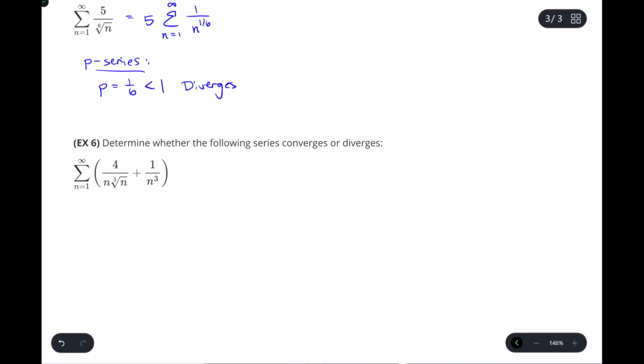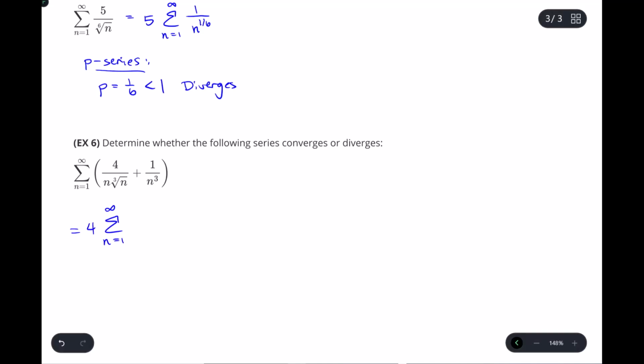Okay, one last one. Determine whether this series converges or diverges. Well, if both of these happen to converge, then we're actually able to split them up into two separate series. So I could actually do even better.